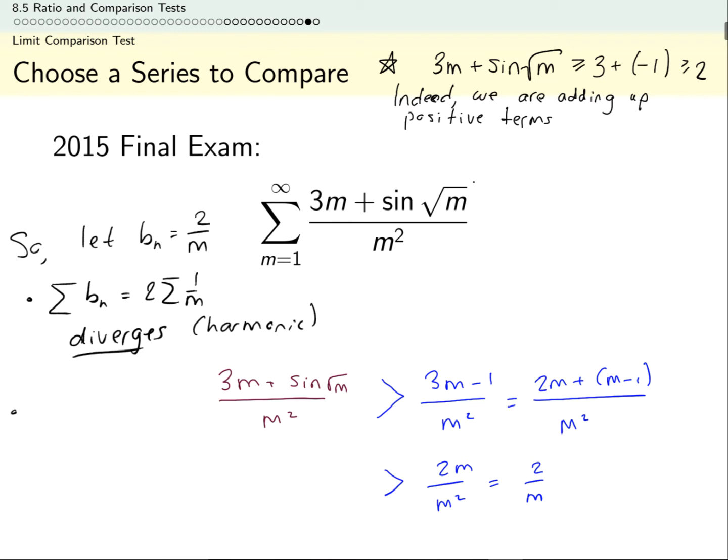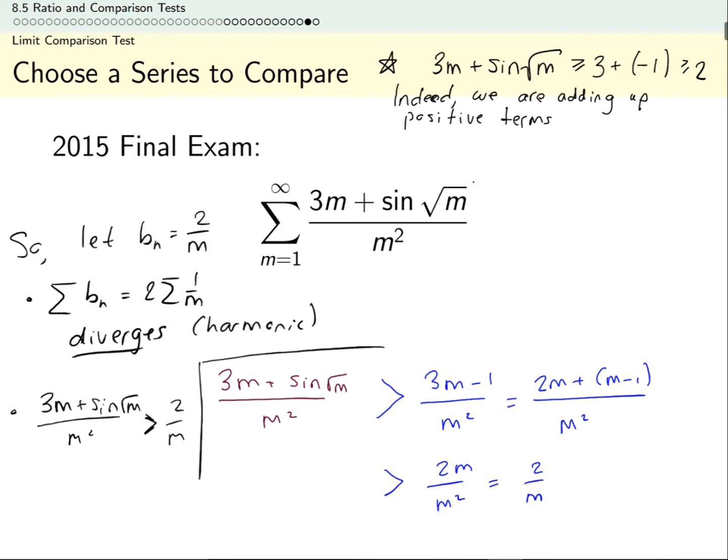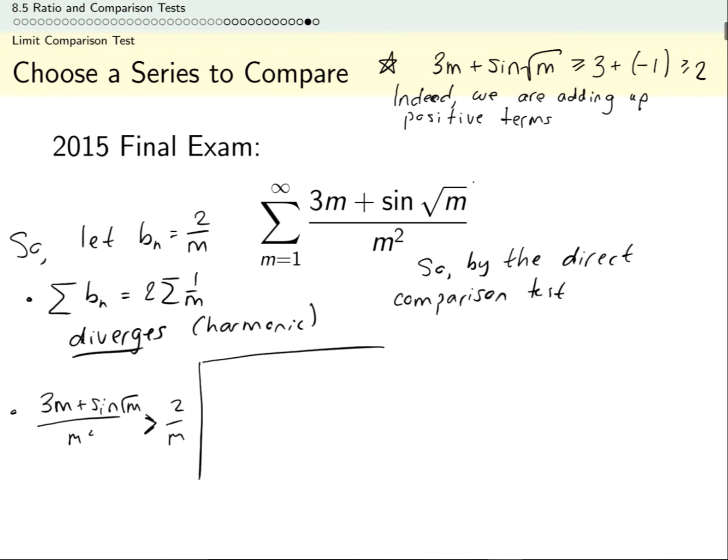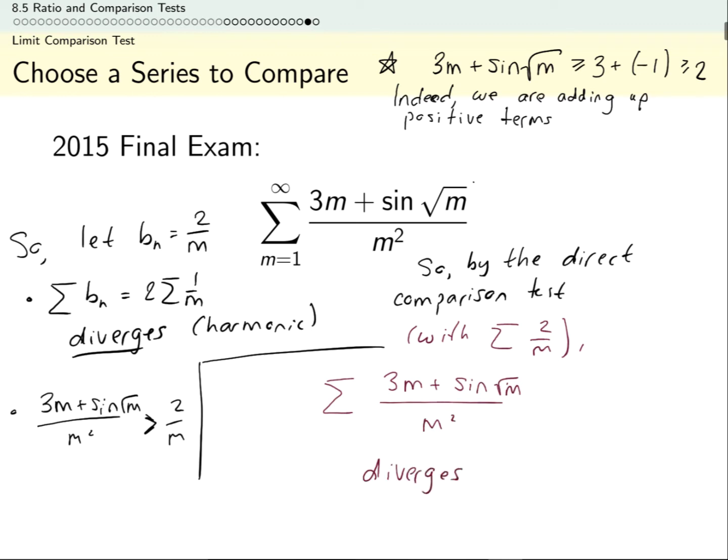And now my inequality goes the right way. My mystery terms are, as we just saw, bigger than my comparison terms. So, by the direct comparison test, comparing to twice the harmonic series, our mystery series diverges.